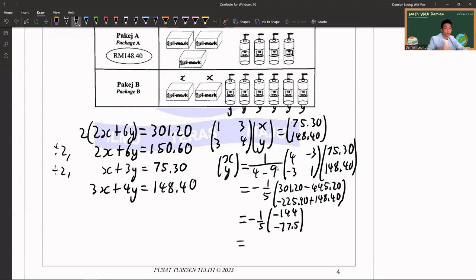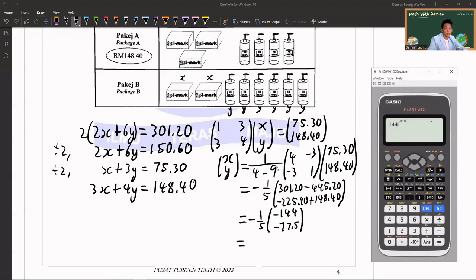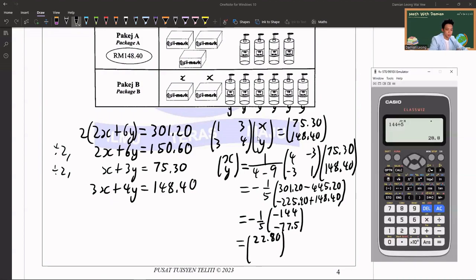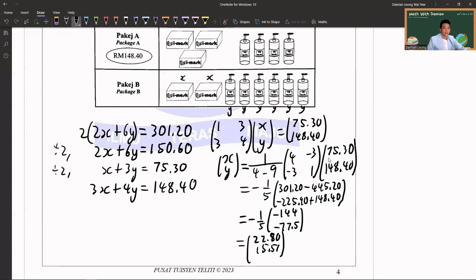So times negative 1 over 5 gives 28.8 and 15.5.